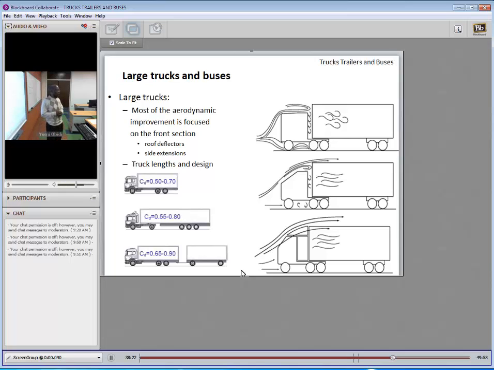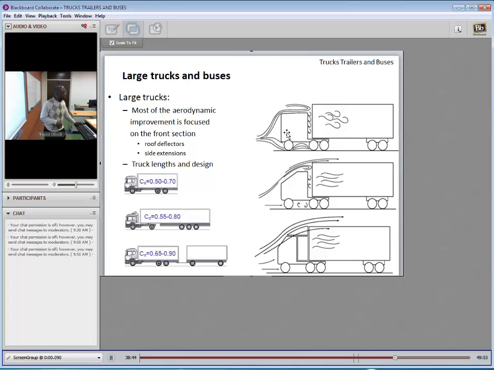Now, improvement. The aerodynamic improvement is typically focused on the front section of trucks. Some of the things that are done are the incorporation of the roof deflectors and of some side extensions in the truck design.